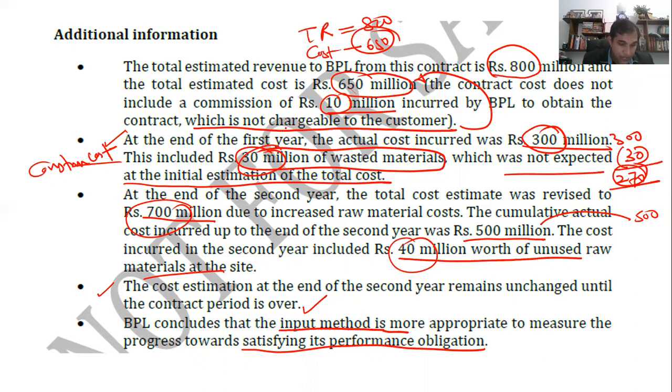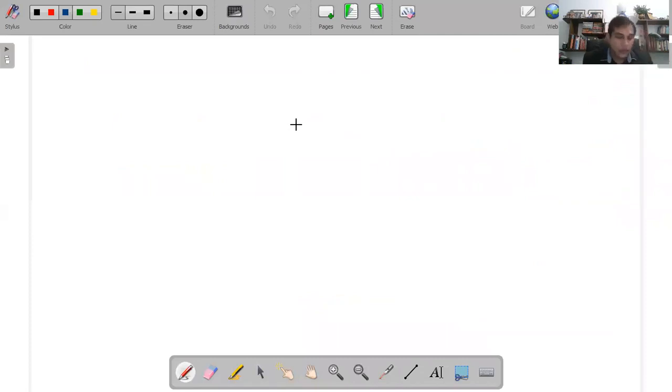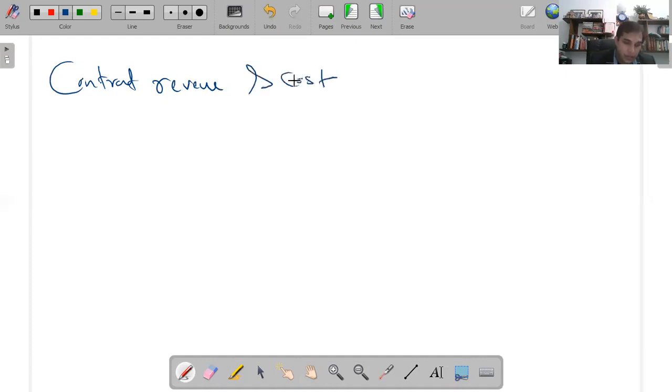Therefore, the first year total expense is 650. Now I'm going to calculate the contract revenue and cost recognized at the end of the first year.